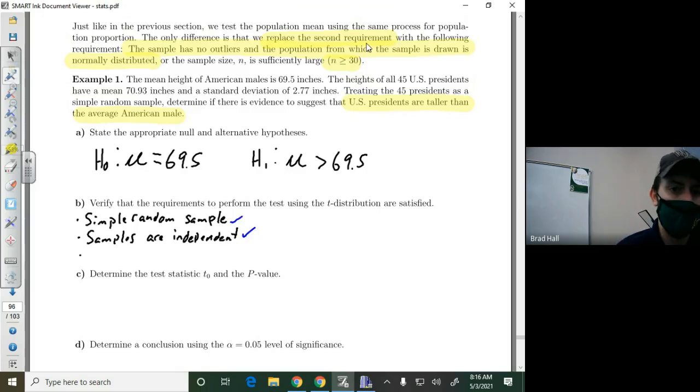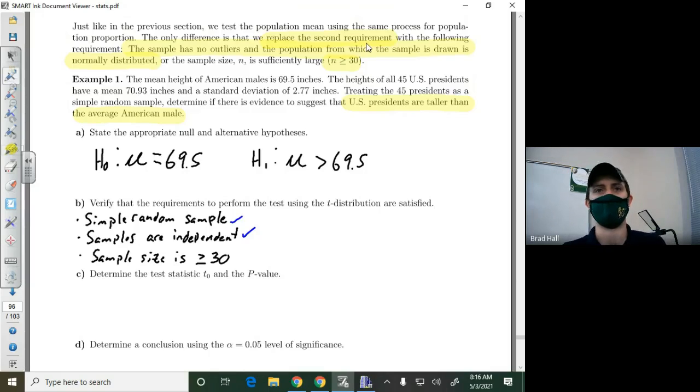So here, sample size is greater than or equal to 30 at the minimum. So we don't even have to check. It does also end up being normally distributed, but here this is a little bit more concrete.